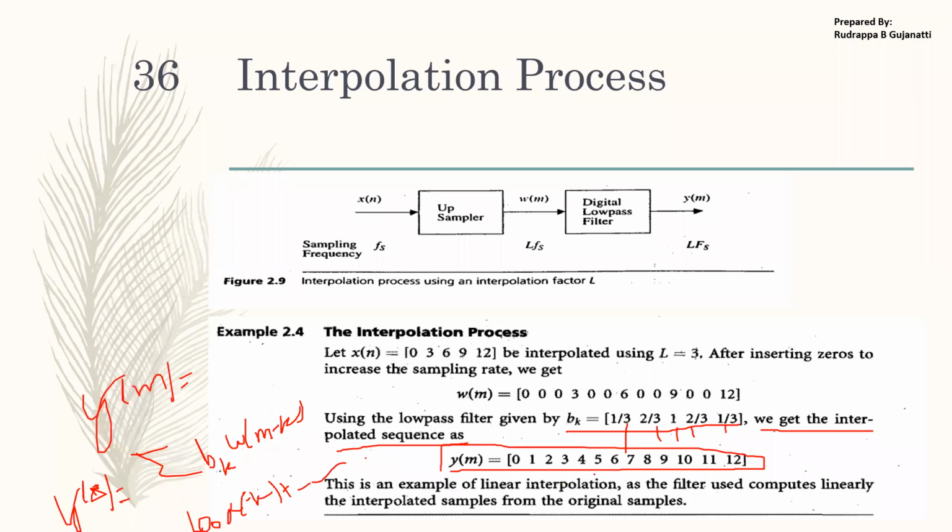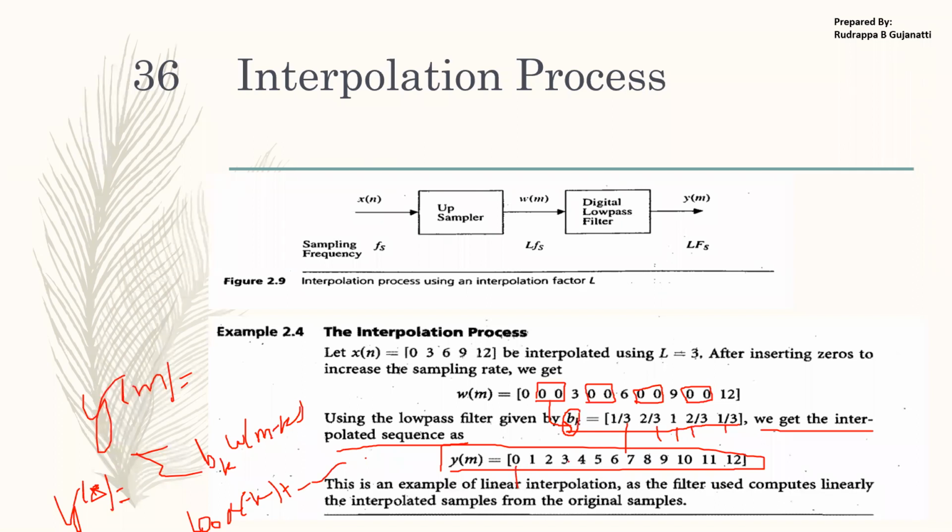Here we have inserted zeros. Now we are replacing these zeros based on the coefficient bk, that is, after passing it through the filter.